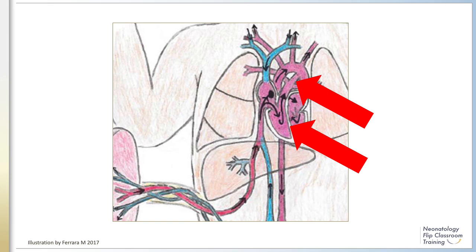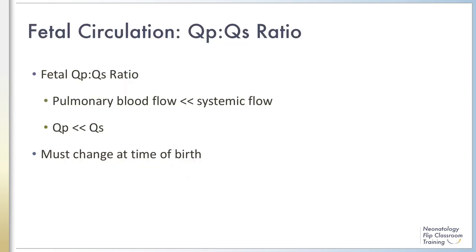The remainder of the IVC flow and flow from the SVC moves from right atrium to right ventricle to pulmonary artery. The majority of the blood entering the pulmonary artery shunts across the ductus arteriosus to the aortic arch, thereby bypassing the lungs. In summary, the fetal circulation is characterized by very low QP to QS ratio, a state which must switch to a QP-QS ratio of 1 during healthy transition after birth.